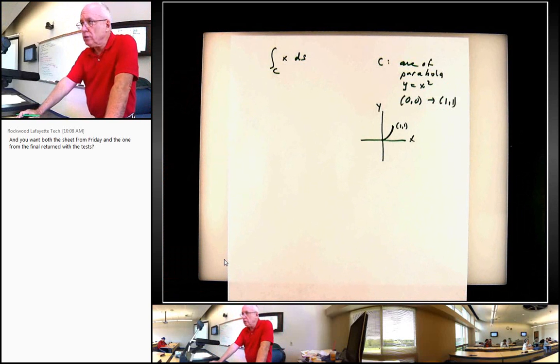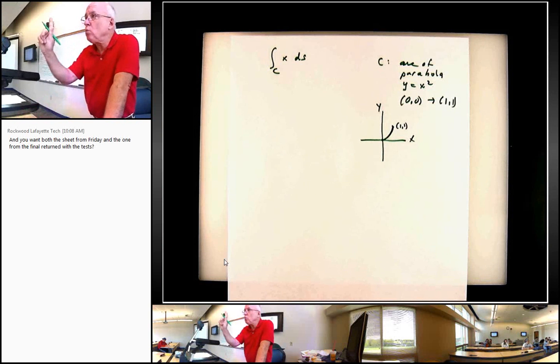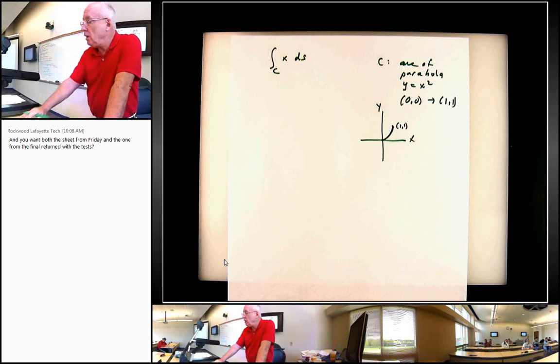So what do we have to do with this kind of thing first? Don't we have to understand what our parameterization is of the curve? We're already told that y is equal to x squared. Now a curve only has one parameter. We've usually been using the letter t for it, but you could use the letter x for it. That's fine. So if y is parameterized as x squared, how is x parameterized? Square root of y? No, you only have one parameter.